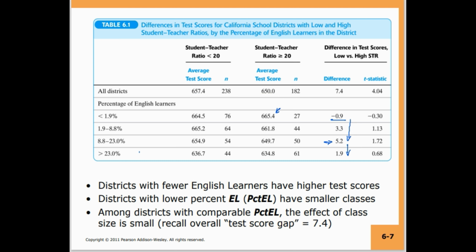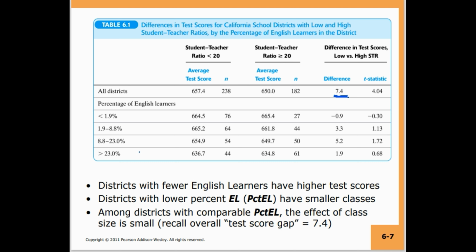So when we do not take the English as second language variable into account, and we say that the difference between small and large class sizes is equal to 7.4, are we actually attributing greater weightage to smaller class sizes than we should?